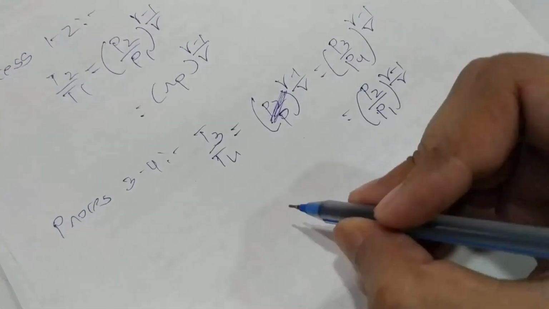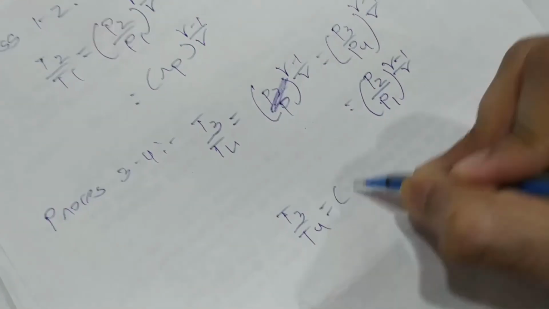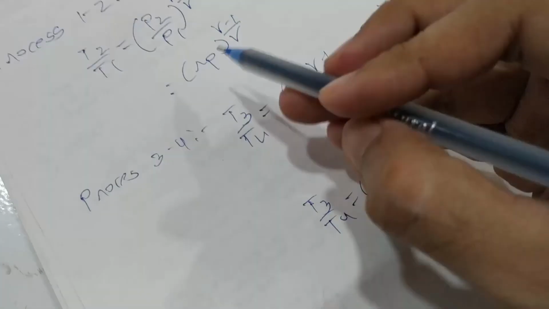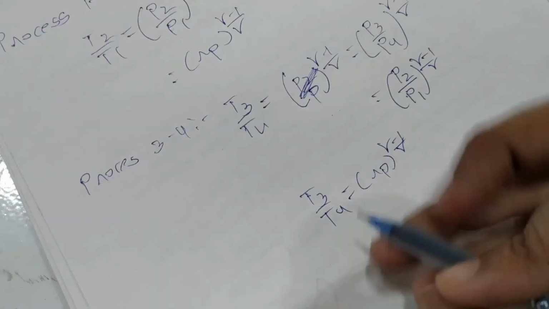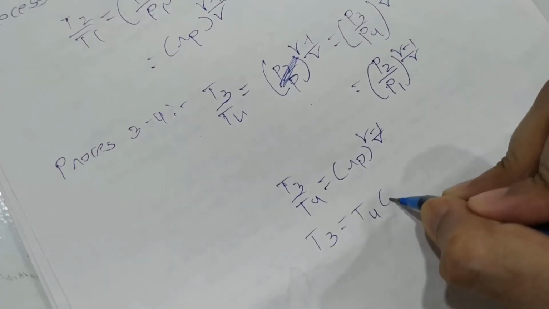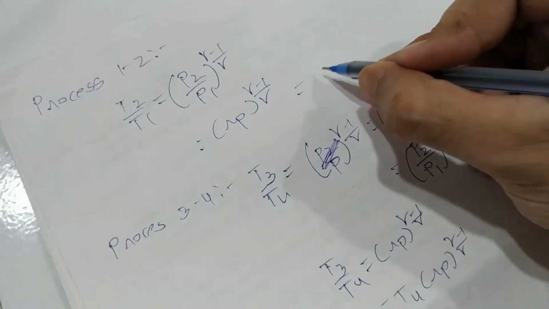So it can be written as Rp raised to gamma minus 1 upon gamma, because P2 upon P1 is equal to Rp.